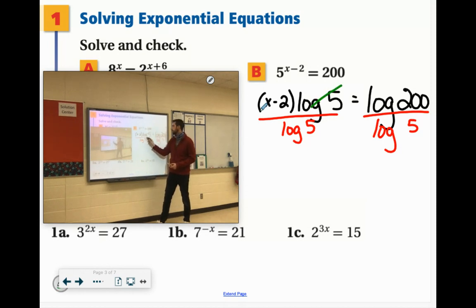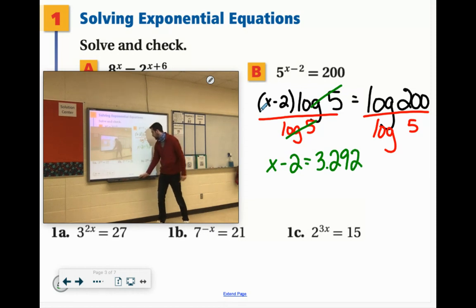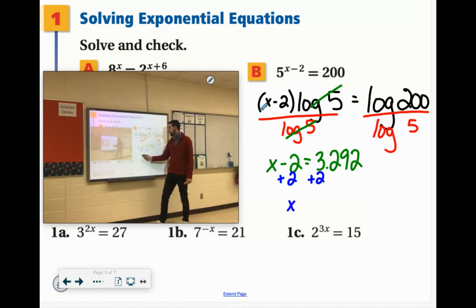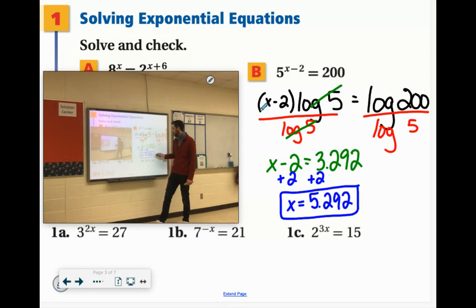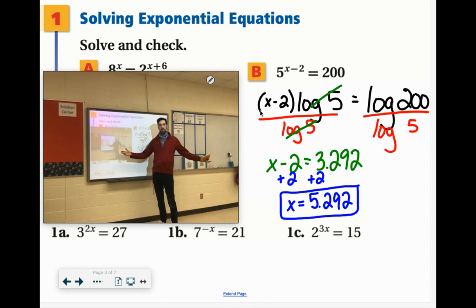These cancel out, so we're left with x minus 2 equals 3.292. And then we just get rid of the minus 2 by adding 2. So x equals 5.292. So if they do not have a common base, log them, dude.